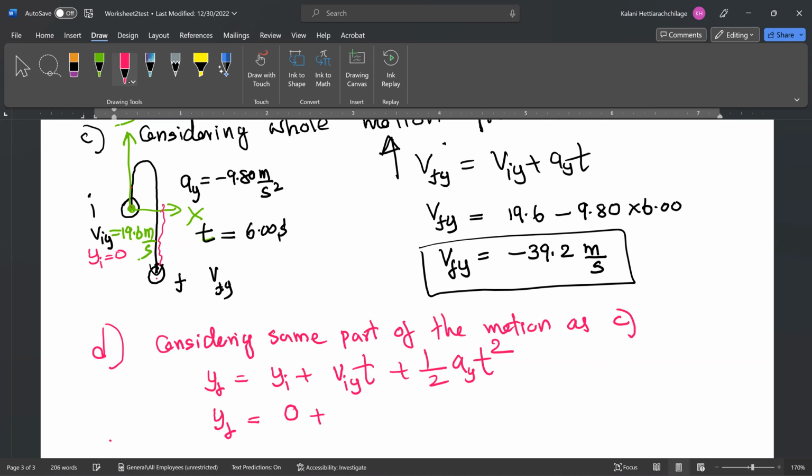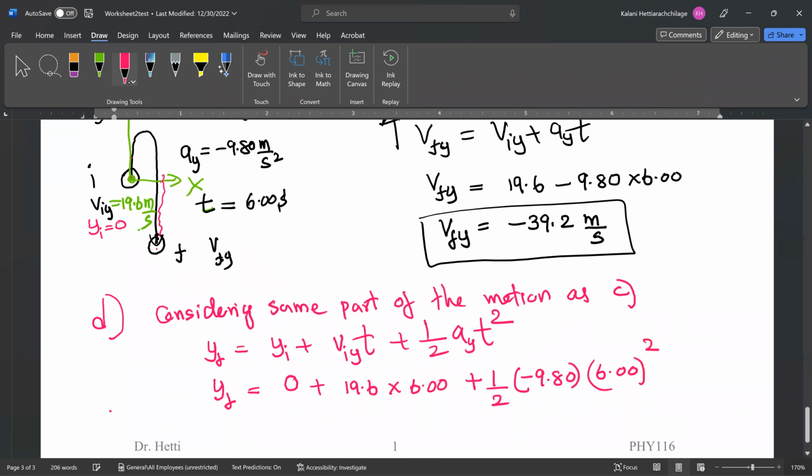Plus V initial Y is a positive number, 19.6, and total time 6 seconds. And then I have plus half, acceleration negative 9.80, and time is 6 seconds squared. Now plug it into the calculator and solve for y final.